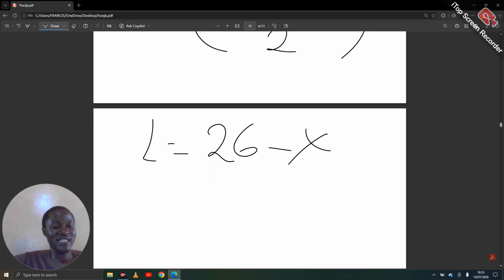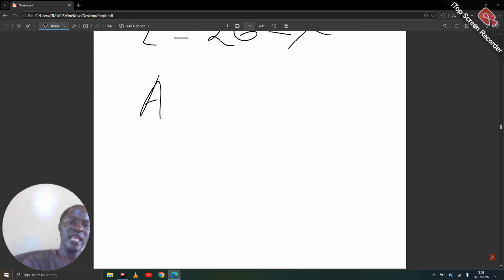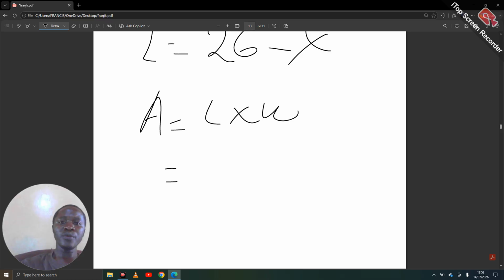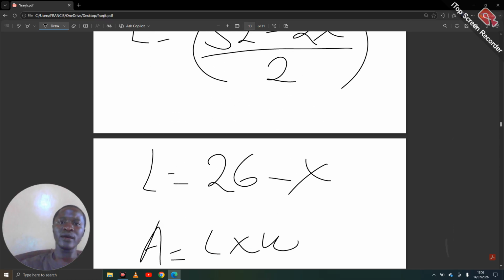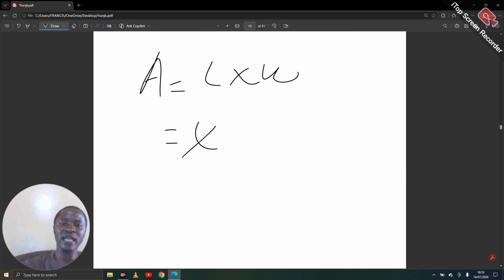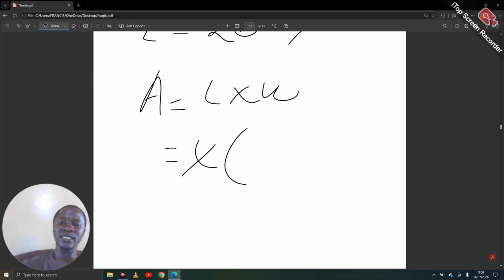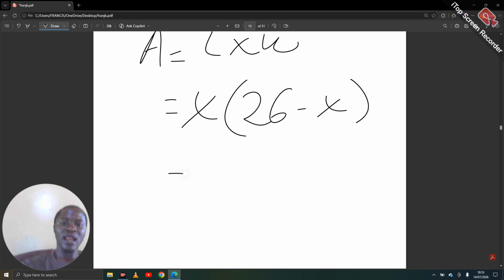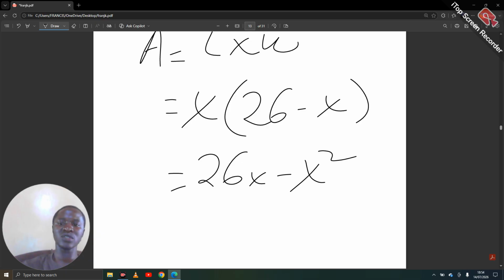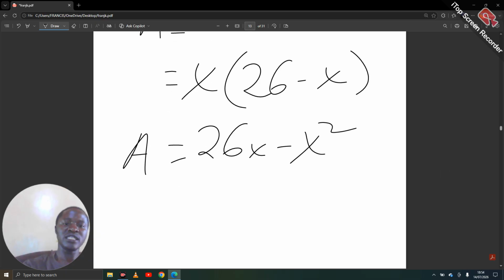Just get the dimensions. The area of a rectangle is length times width. Our width is x and our length is 26 minus x, so we shall have 26x minus x squared. This is the area.